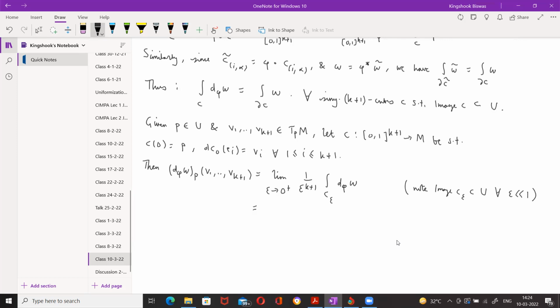So now we can use Stokes' theorem for these chains which are contained inside U. So this becomes 1 over epsilon to the k plus 1 times the integral over the boundary of C_epsilon of omega, right? Okay. Yes.